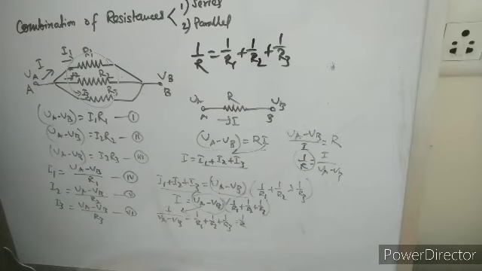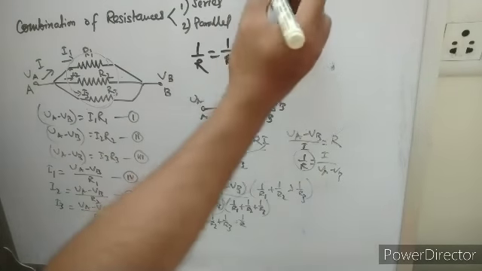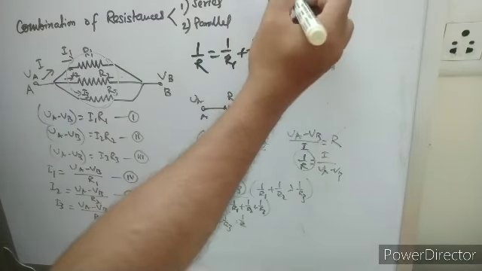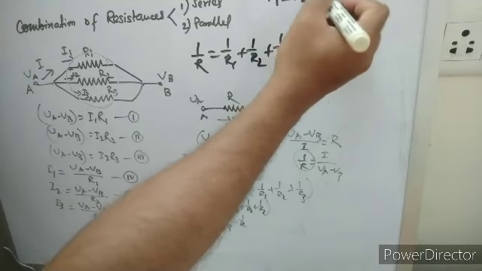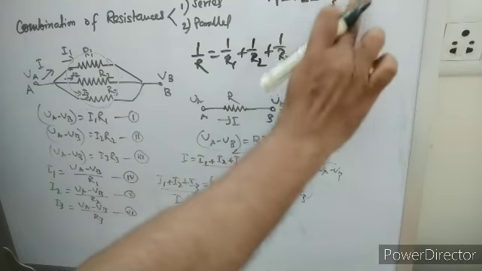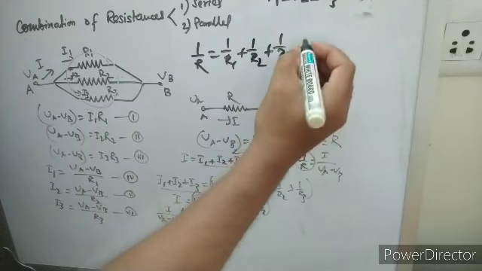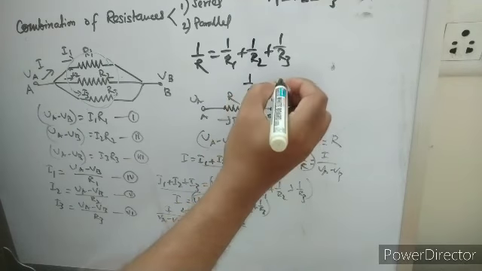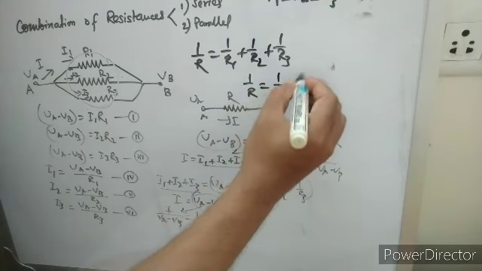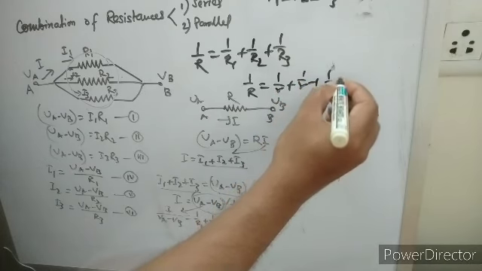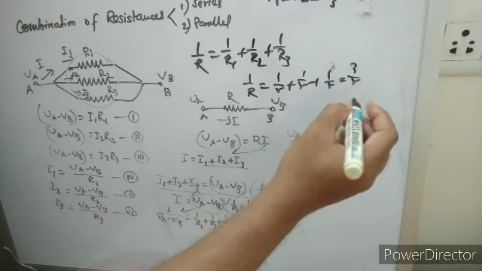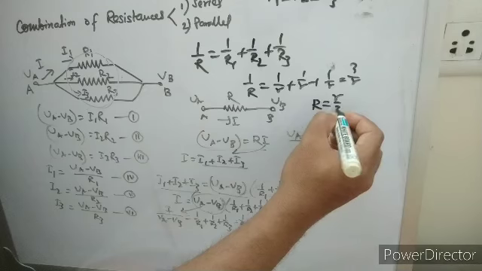If each and every resistance has the same value, then I can write R1 equals R2 equals R3 equals small r. Then 1 by R will be 1 by r plus 1 by r plus 1 by r, that means 3 by r. That means R will be r by 3.